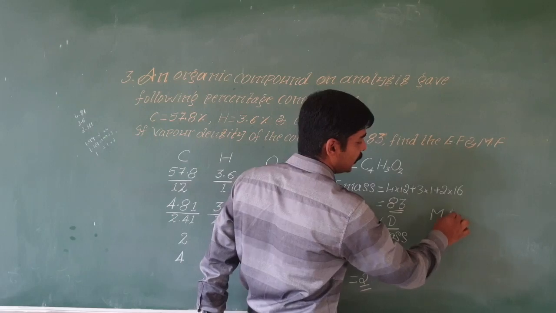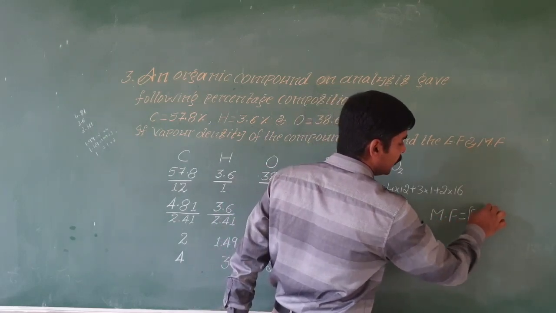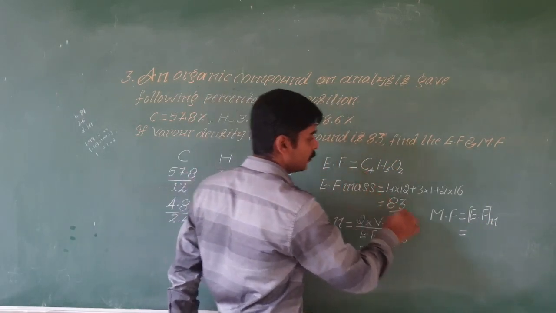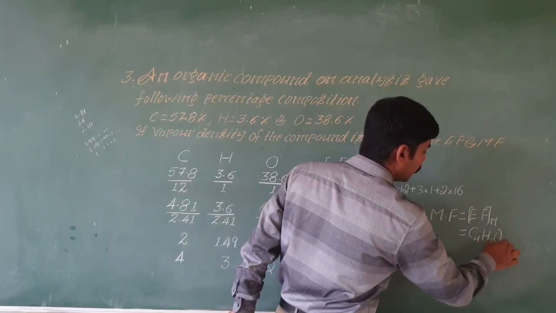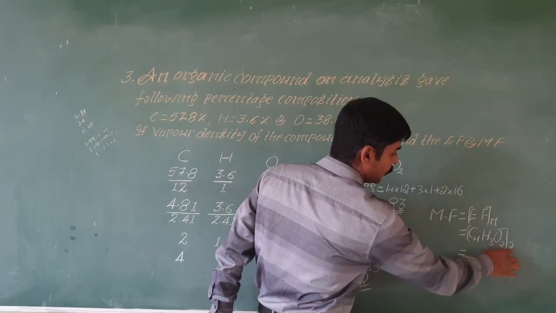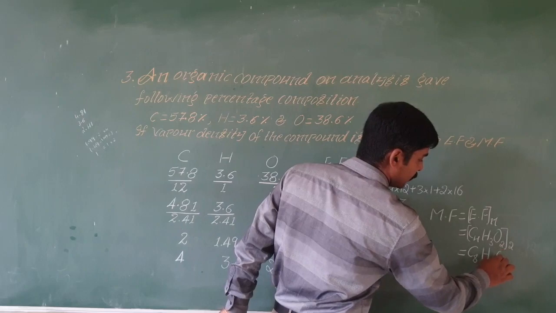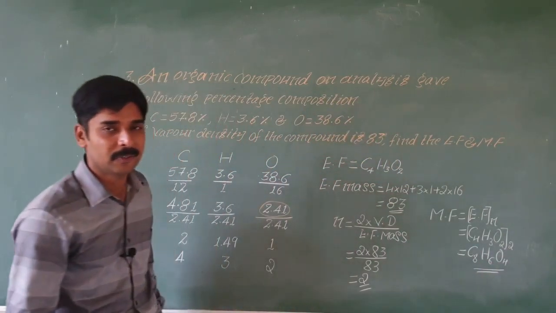Molecular formula is equal to empirical formula into n, and the empirical formula is C4H3O2 multiplied by 2. So 2 4s are 8, 2 3s are 6 and 2 2s are 4. So this is the molecular formula of the compound.